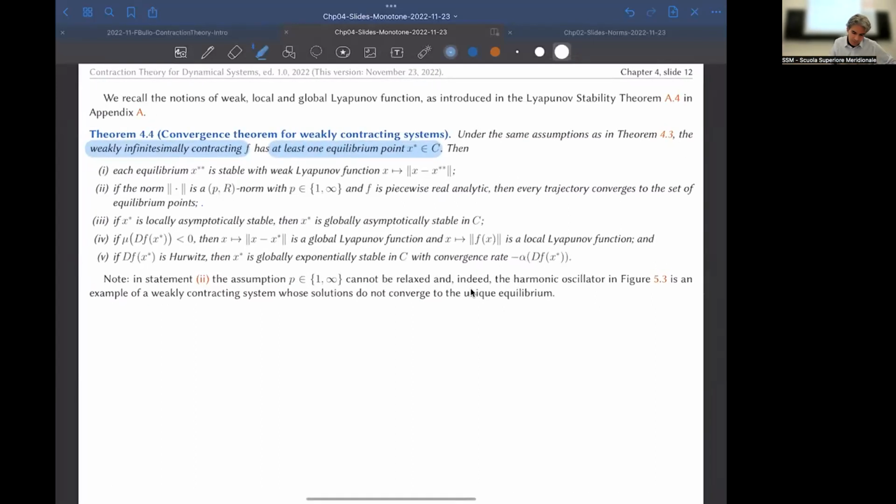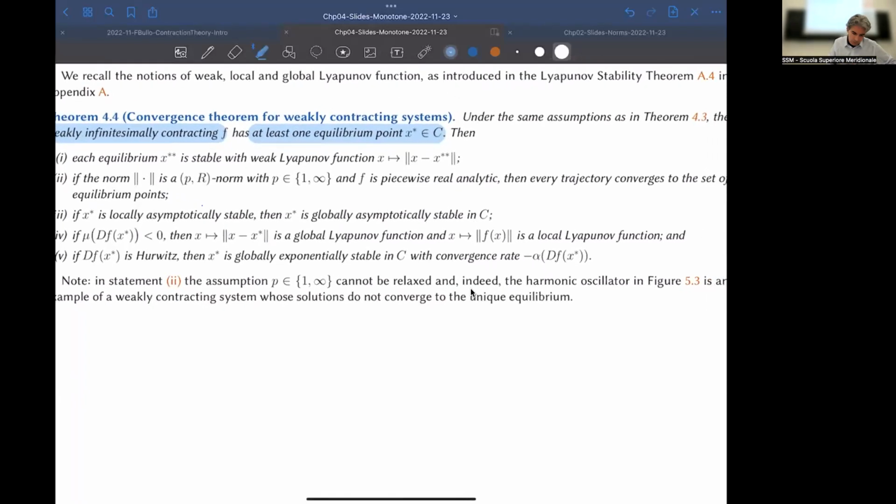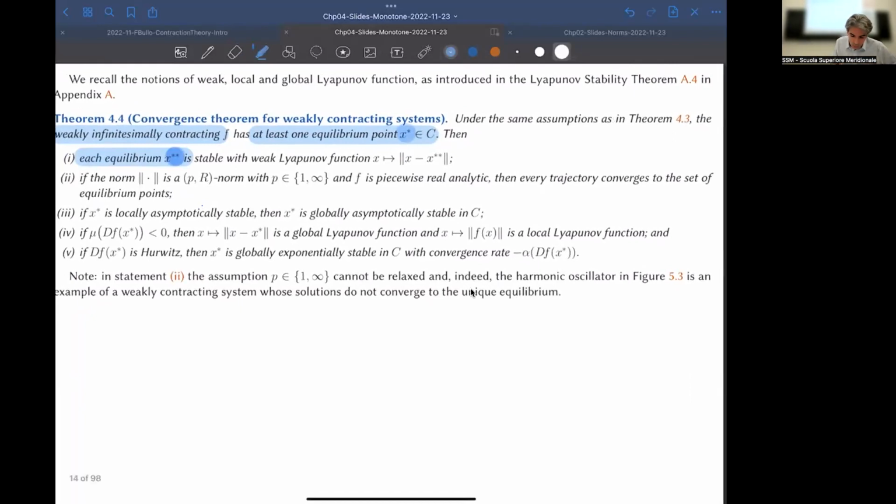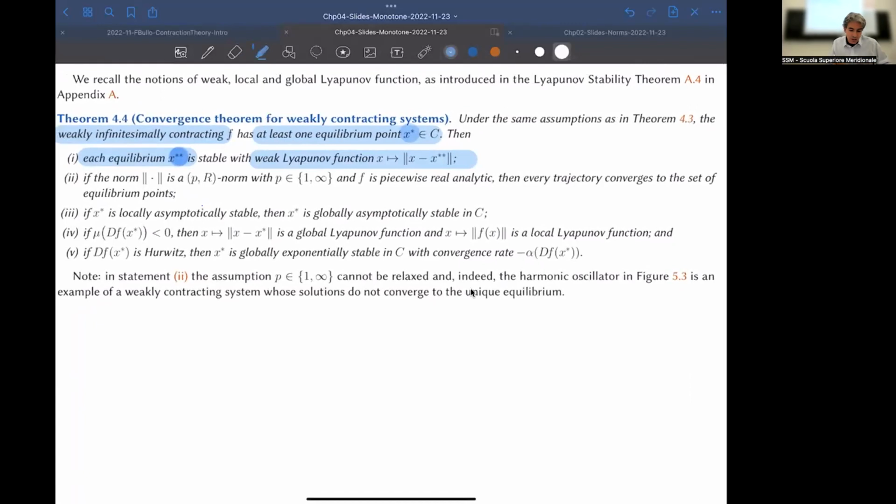So first off, what is known is that, even without any additional property, each equilibrium is stable with a weak Lyapunov function. Notice that I had an equilibrium X star. Now I'm denoting any equilibrium, even the others, which I don't know if they exist. This is the harmonic oscillator case.